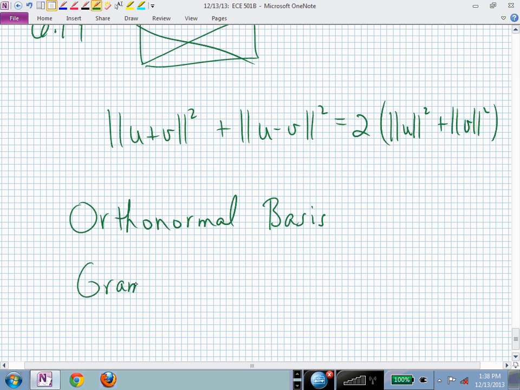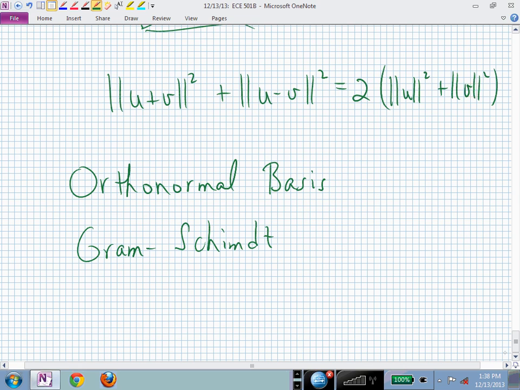If somebody gives us some linearly independent vectors, we can use the Gram-Schmidt procedure to create an orthonormal set of basis vectors. Once we have all of that machinery, now we're able to look at some minimization problems.